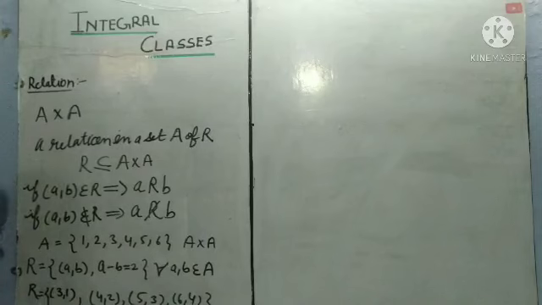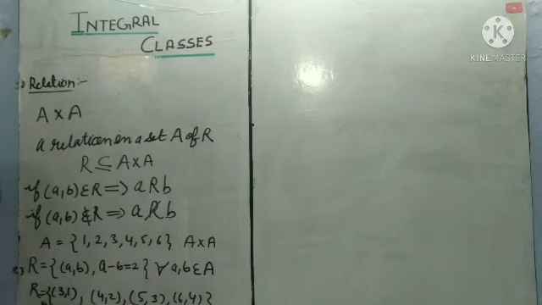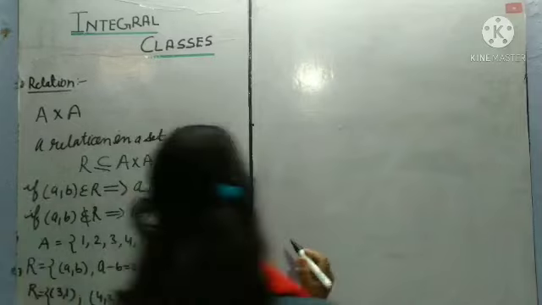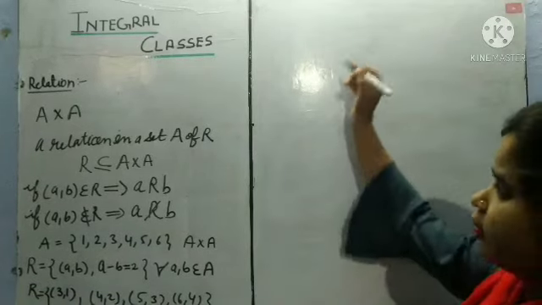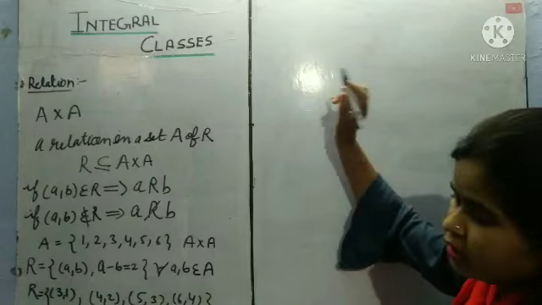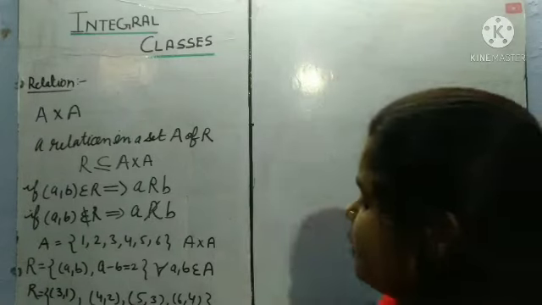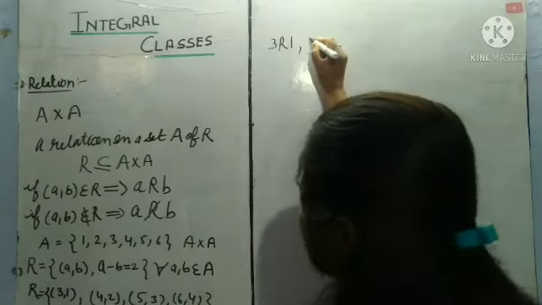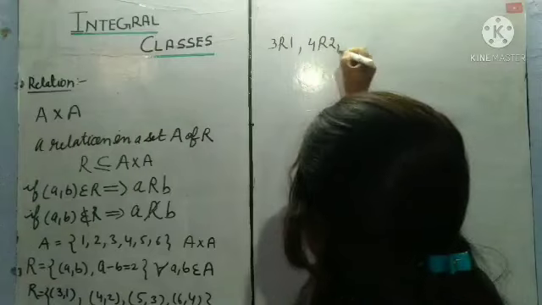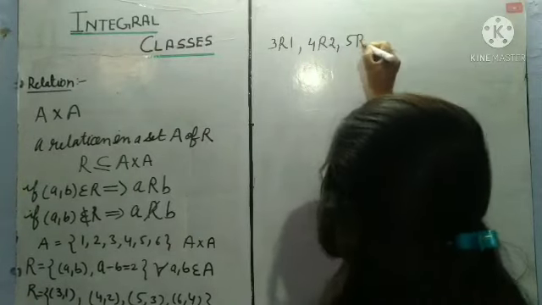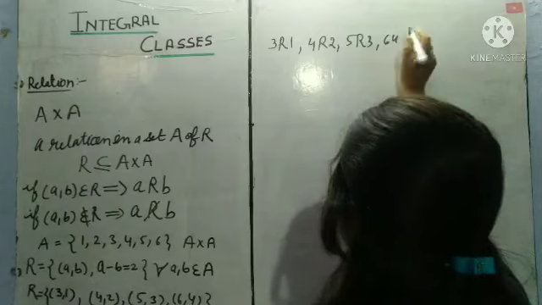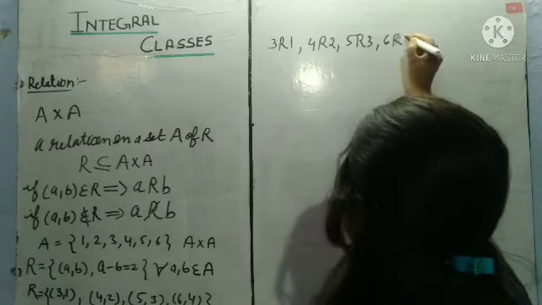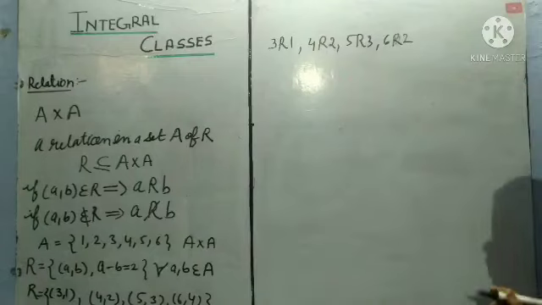As we observe here, these pairs are contained, all are pairs related by R. Now on the other side, for the relation R, firstly I will explain how we can write it. Suppose 3 R 1 and 4 R 2, 5 R 3 and 6 R 4. These are the relations between these pairs.